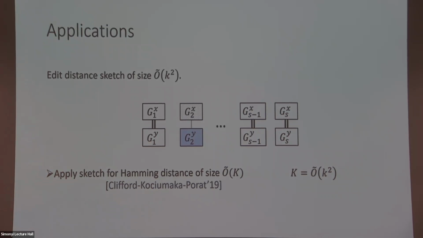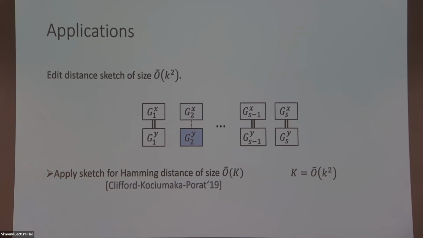So you can append a symbol or remove a symbol, and there is an update operation for those sketches, which is useful for some applications. But the vanilla sketch would work. The vanilla Hamming distance sketch for k squared would work. So that is the whole sketch actually.